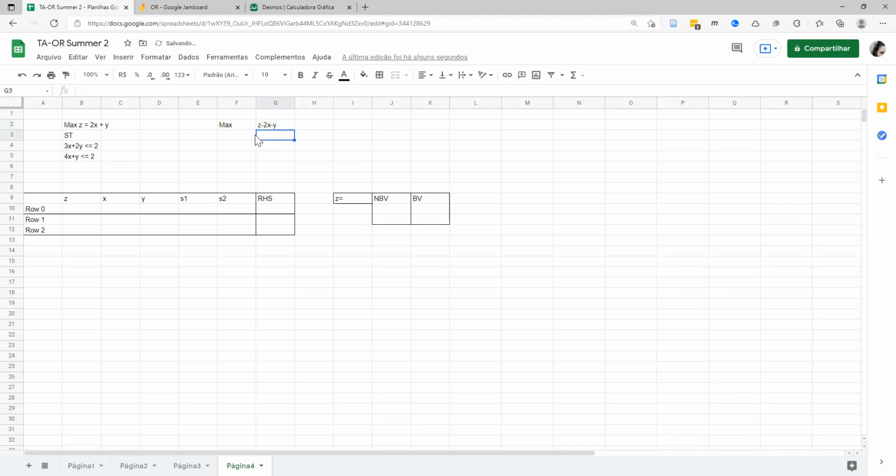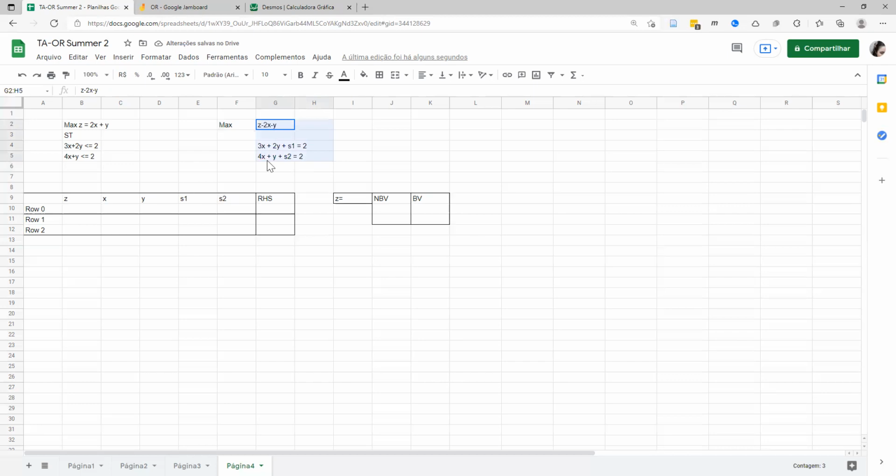And the constraints are going to be 3x plus 2y plus a slack variable equal to 2. And the other one we also have to transform into an equality: 4x plus y plus the second slack variable, equal to 2.